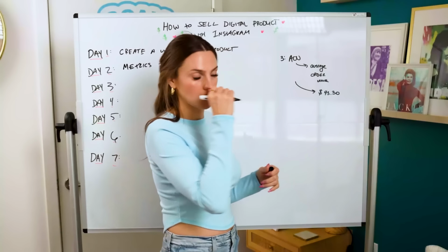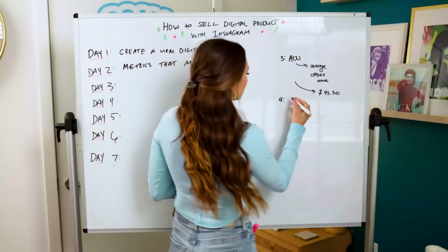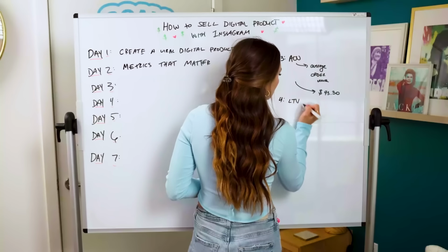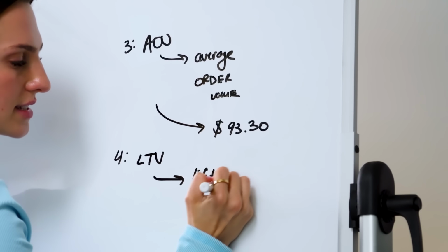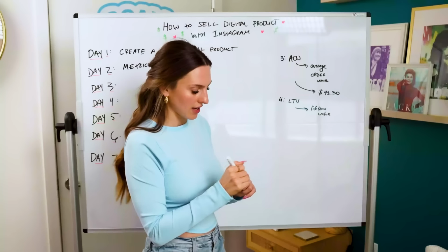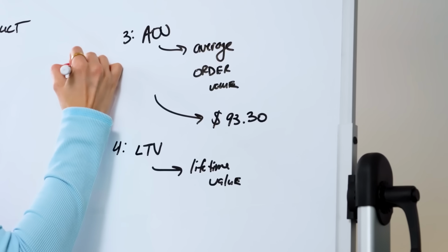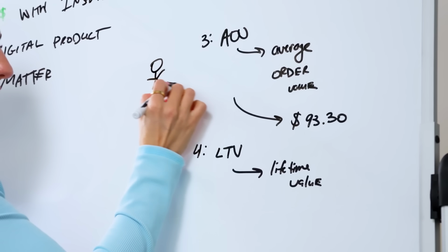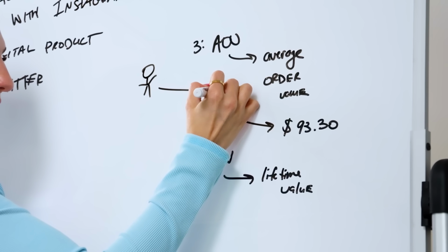Now, kind of along those lines is our fourth and final metric that matters, which is LTV. That stands for lifetime value. So the lifetime value of the customer. Now, let's say we have a customer, this is Bob, and Bob buys from me, and order number 1 is $93.